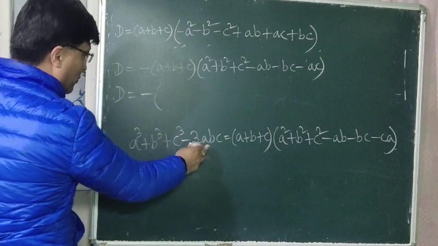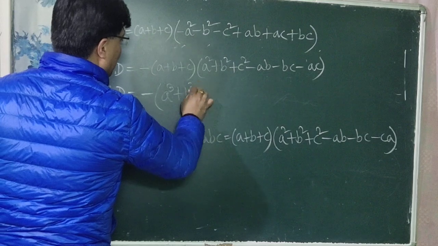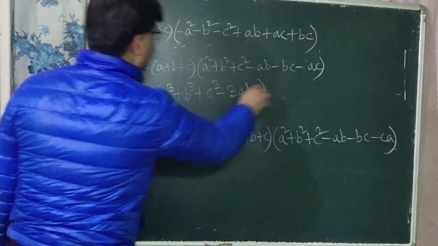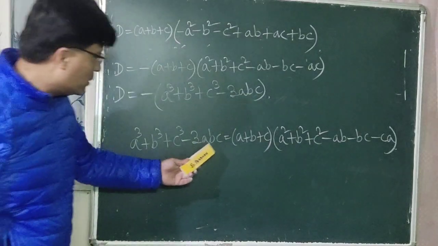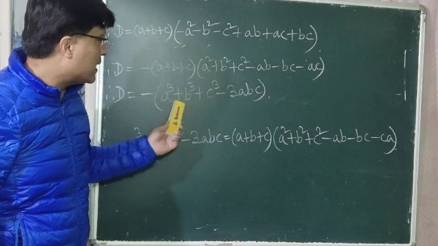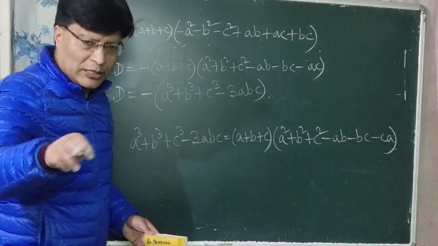Within the bracket, what is the formula on the right hand side? A cube plus B cube plus C cube minus 3ABC. Okay, so you will write down this expression here, because its formula came out like this. I think you have written it in your copy.